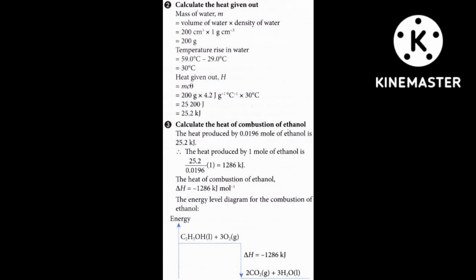Already you know the standard enthalpy of formation of CO2 is minus 393.5 kilojoule, I told you last class, and the heat of formation of H2O is minus 285.83 kilojoule per mole. Already I have discussed this in last classes. Then in this question you have to calculate the heat of formation of benzene.